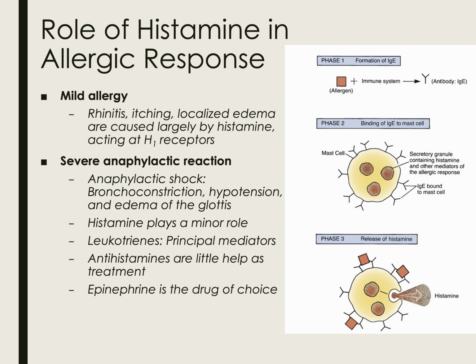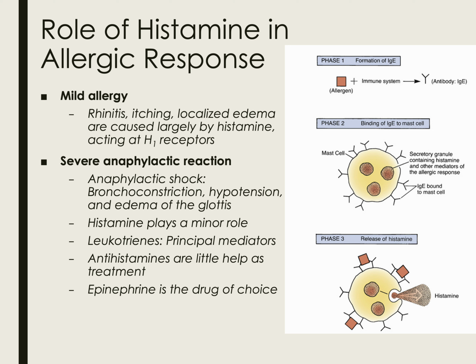So then, what is the role of histamine in an allergic response? Why do we need histamine in the first place? The intensity of the allergic reaction is going to be determined by the type of mediators that are involved, histamine and other compounds like prostaglandins and leukotrienes.